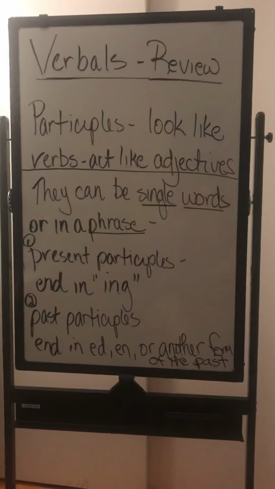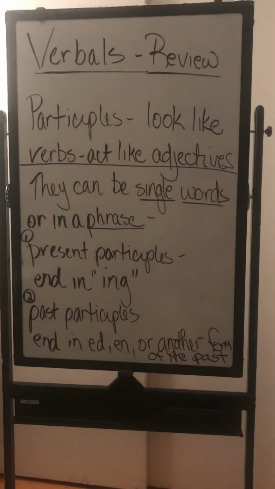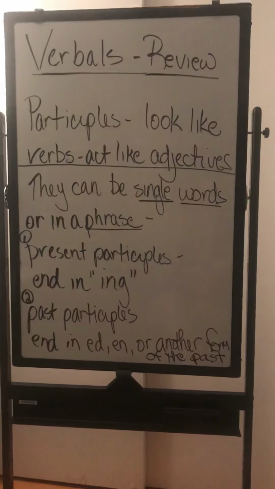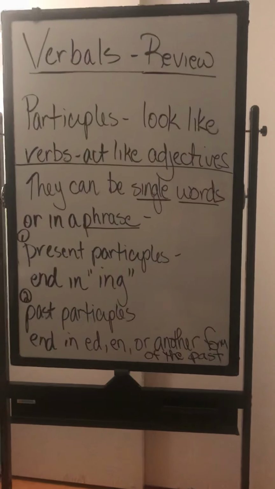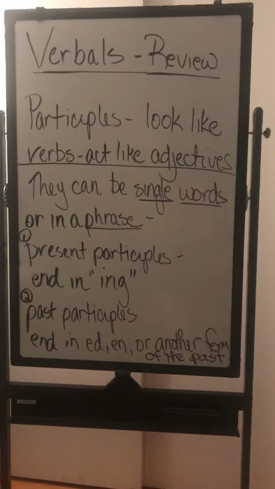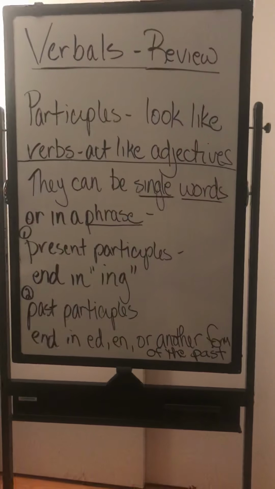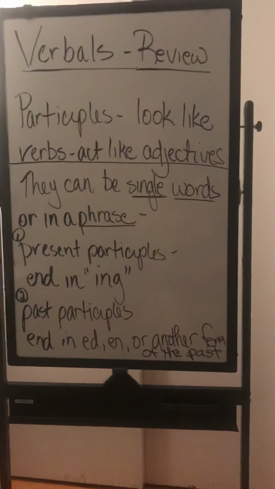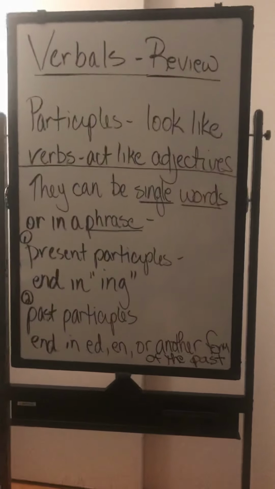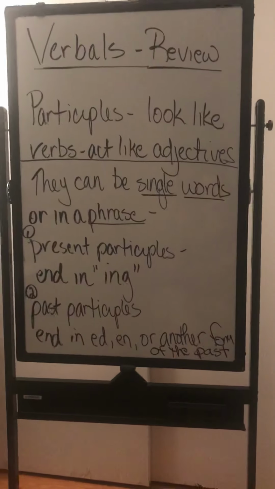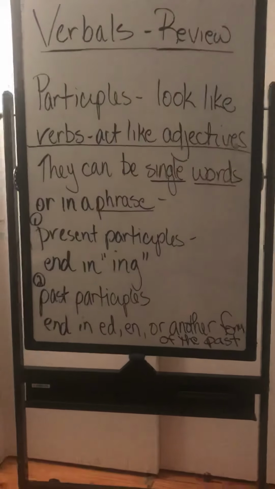If you use the word running, instead of saying the running water, you could say something like, running down the road, the child got lost, or running down the road, the child was crying for his mother.